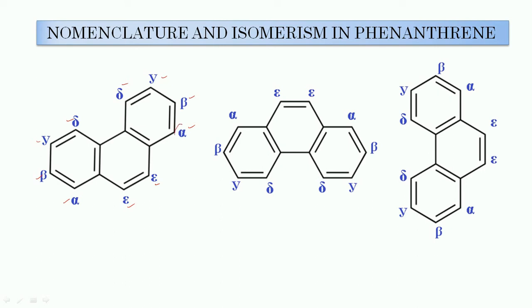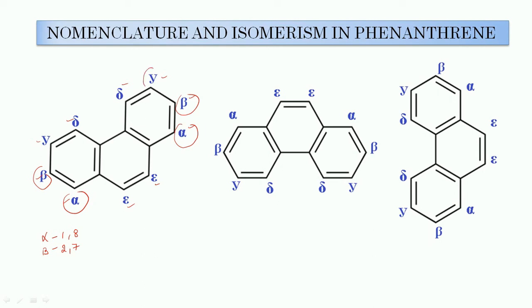If we look at this one and this one, this is the alpha set and it is carbon number 1 and 8. Similarly, the beta carbons, this one and this one, are carbon number 2 and carbon number 7.